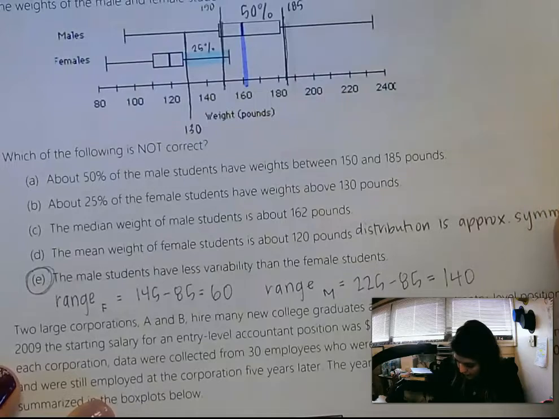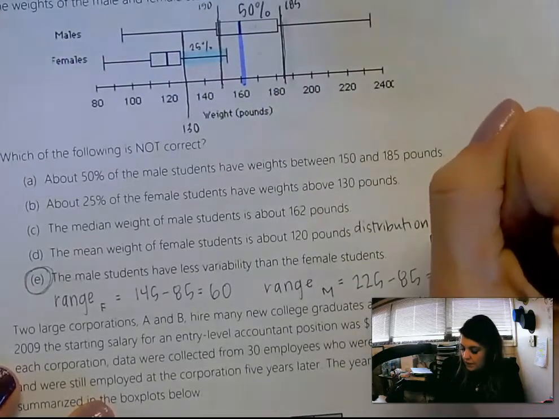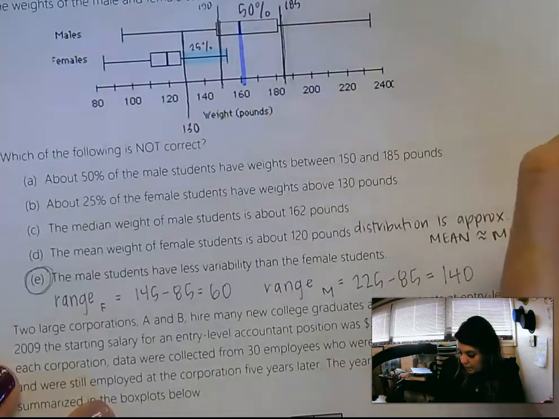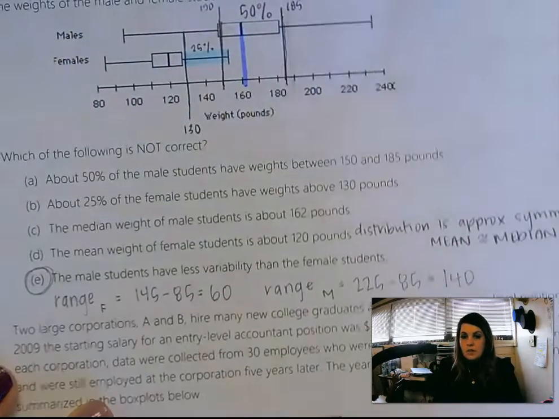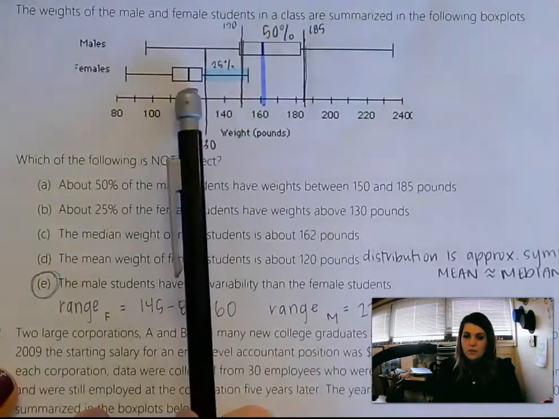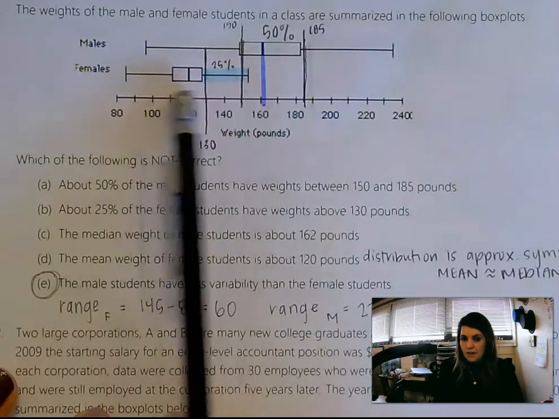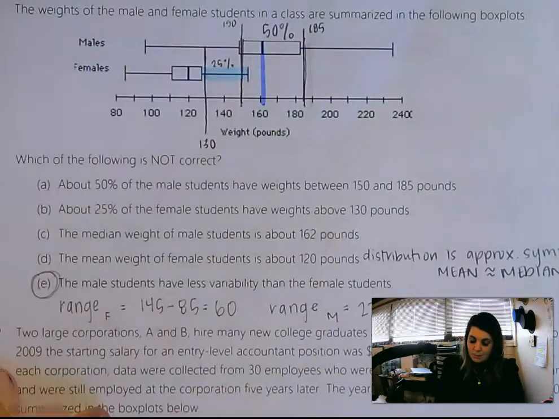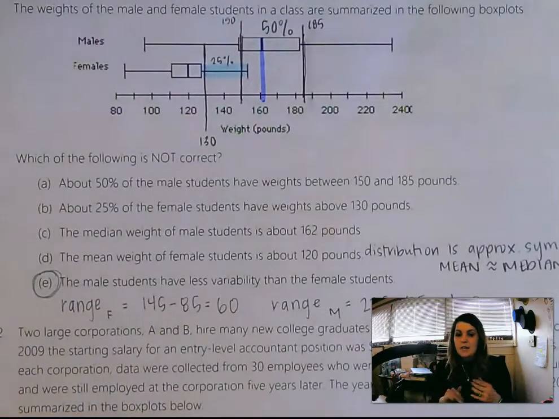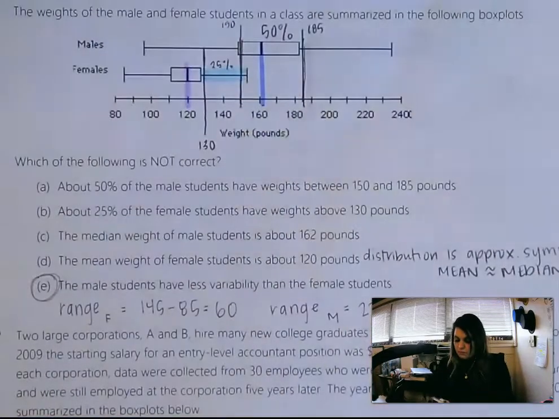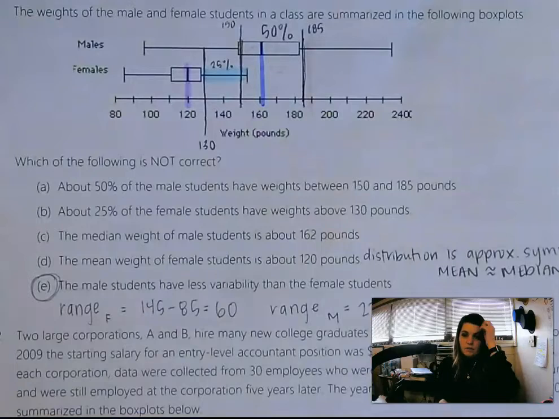Well, why does that matter? That matters because then that means that the mean is about the same as the median. I cannot calculate the mean for the females' data because I don't know the actual data values, but because this is symmetric, I can estimate it. So that is what I have chosen to do. So if I draw this down, that is about 120.